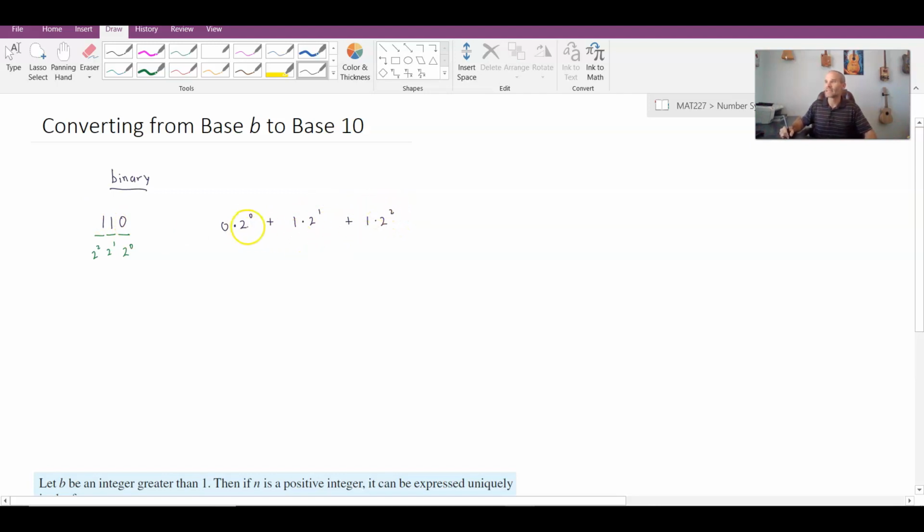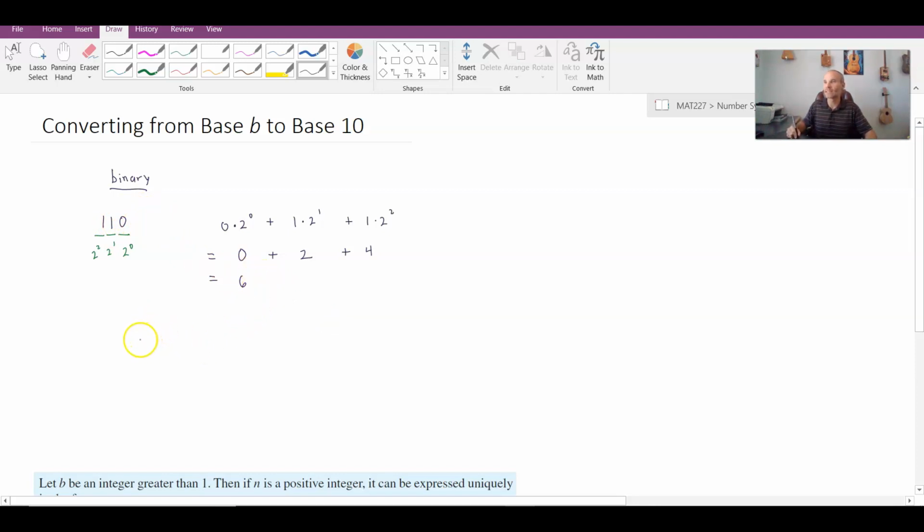And in this sense, we really see that we have 0 ones, if we're thinking about this as an integer representation, plus we have 1 grouping of 2, and so 1 times 2 is 2. And then we have 1 grouping of 4, which is plus 4. And so this number equates to 6.